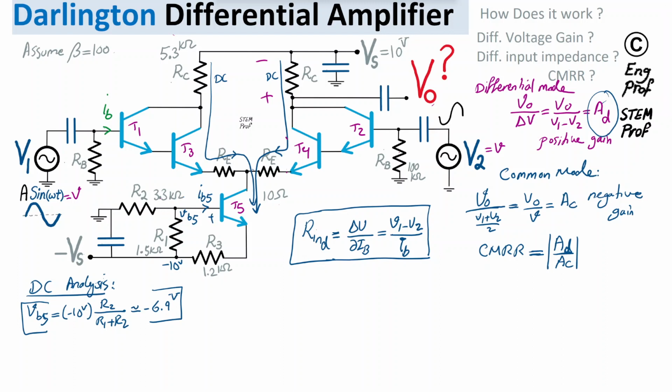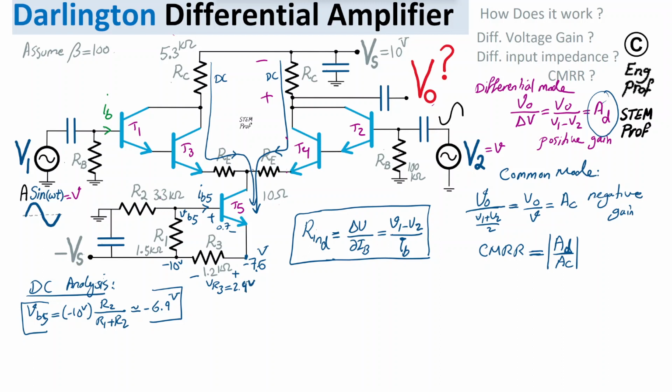We have a plus minus 0.7 volt drop, so from negative 6.9 we get to negative 7.6 volt at the emitter of transistor 5, because of the 0.7 drop. Then across the 1.2K, the R3, we have on one side negative 10, on the other side negative 7.6. So effectively that means a voltage drop VR3 equal to 2.4 volt.